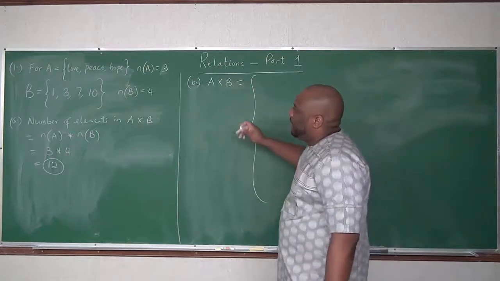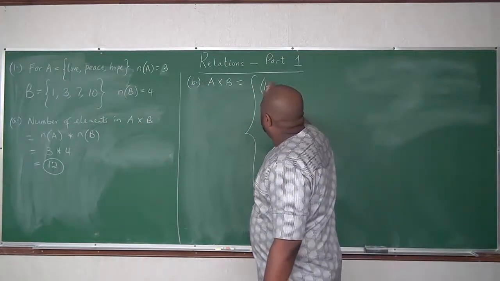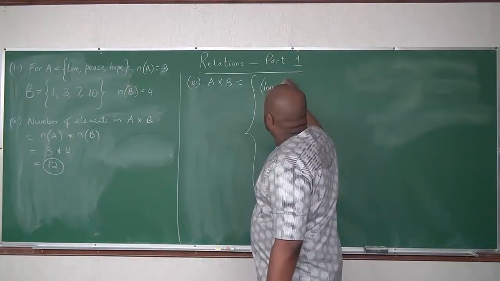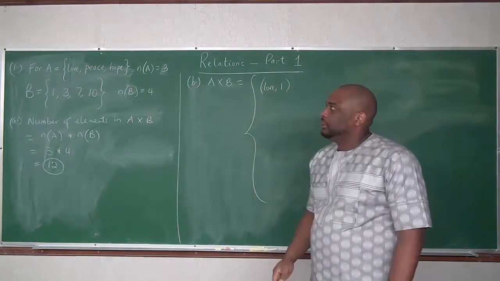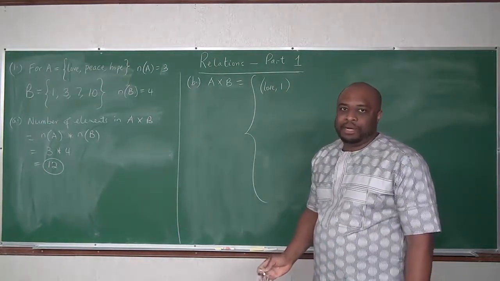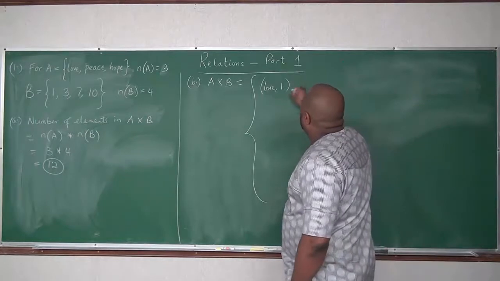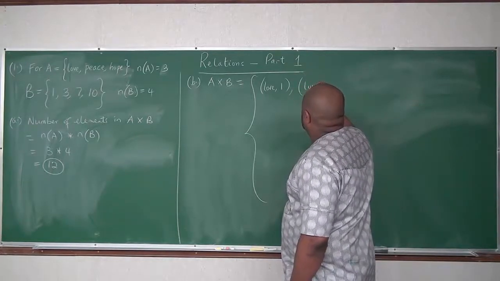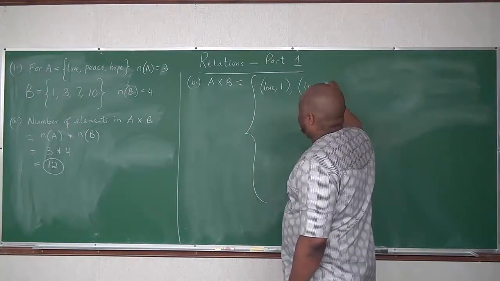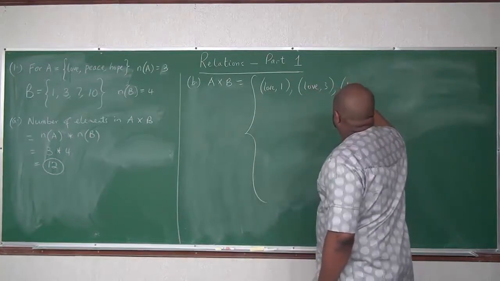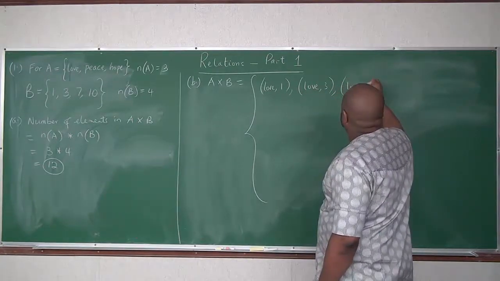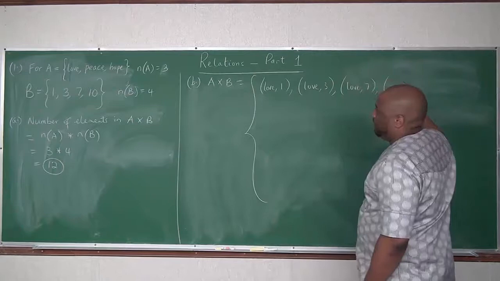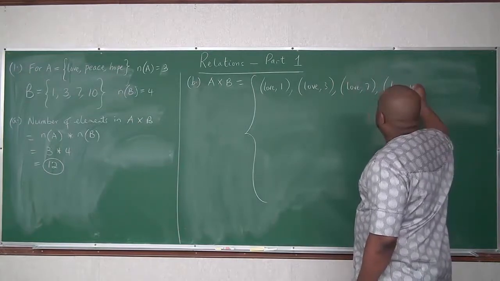So let's look at that. We find love, comma, 1. All possible ordered pairs. We have love, comma, 3. We have love, comma, 7. We have love, comma, 10.